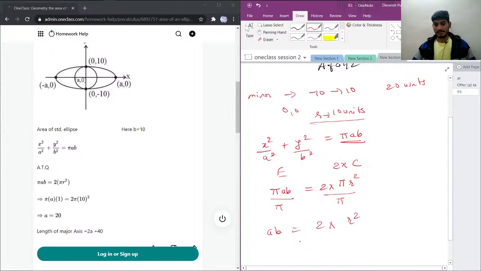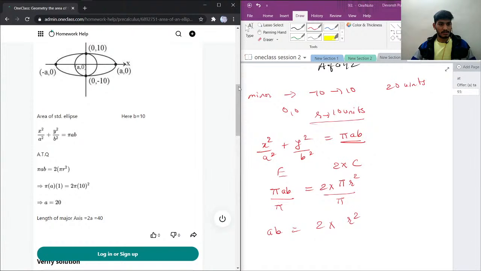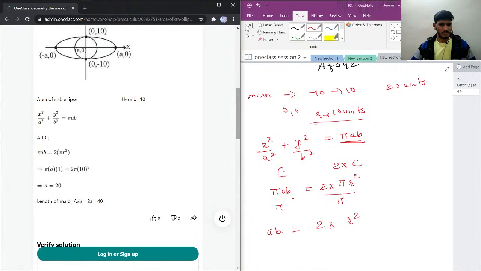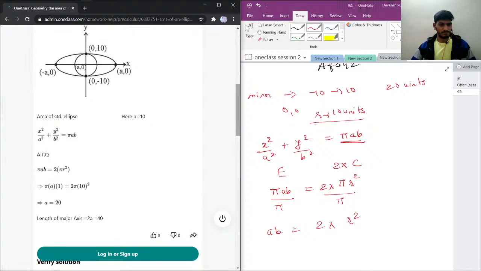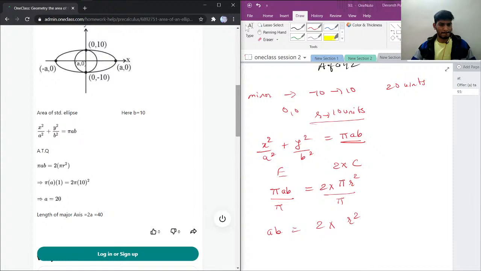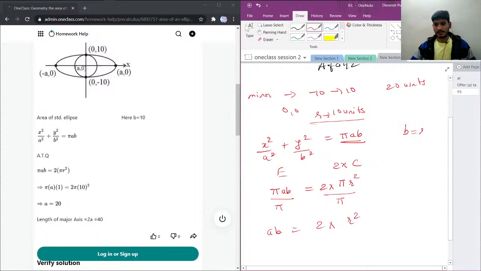Now B was 20 units, or, let me just see, B is going to be 10 only.